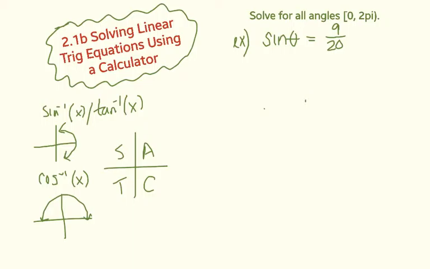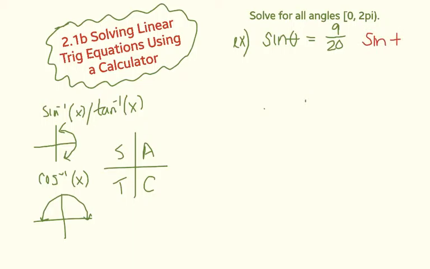Some things we need to think about up front. The instructions here tell us to solve for all angles between 0 and 2 pi. So our angles have to have positive rotation, and they have to be all the angles between 0 and 2 pi. We know, based off of our work with ASTC, that this is an example of sine being positive.